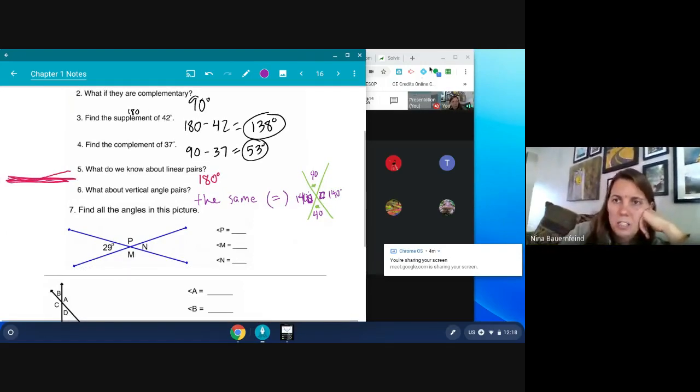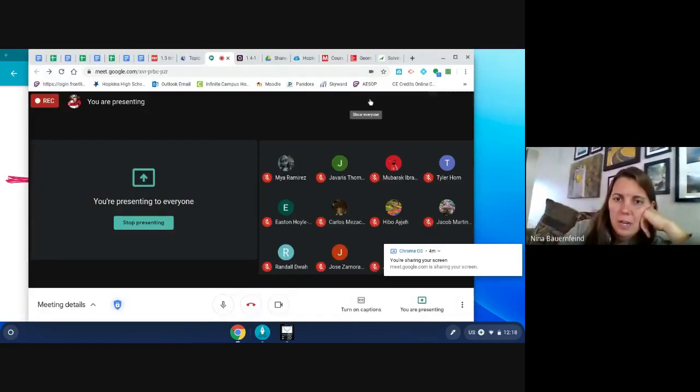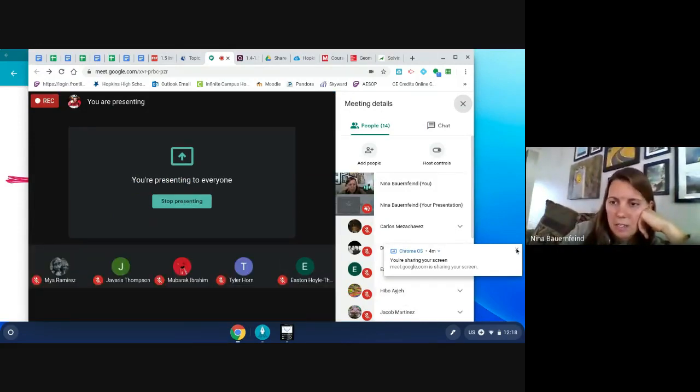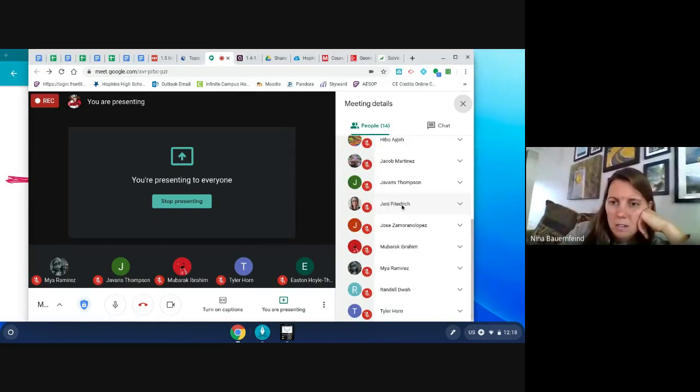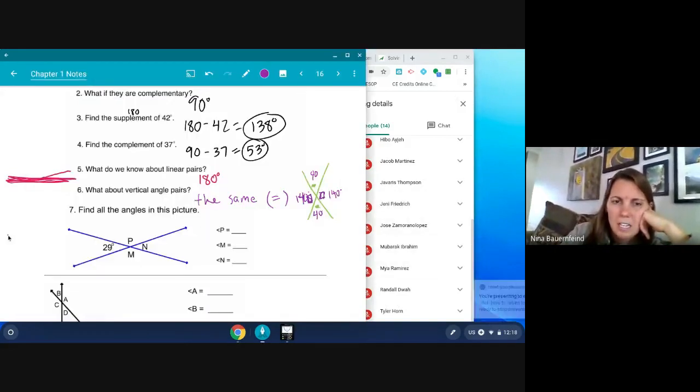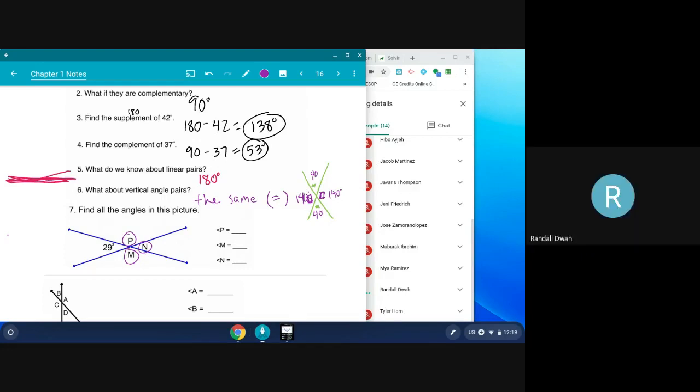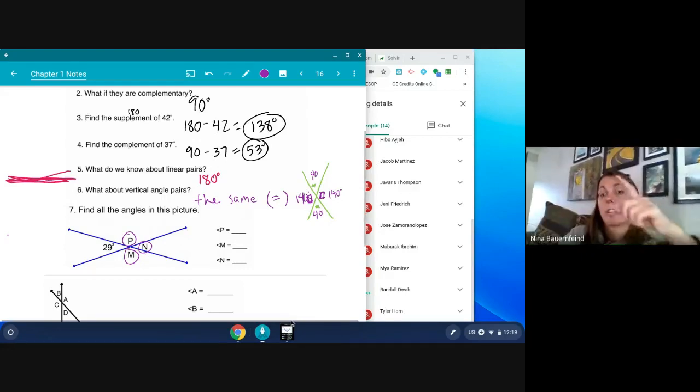I'm going to just call on someone so Lance doesn't have to do all the work. Randall, would you be willing to answer one of those angles or try? Would you be willing to try to figure out what one of these three angles is? Any one of them, it doesn't matter which. No? Okay, then make sure to watch when we talk this out with the next person who tries.